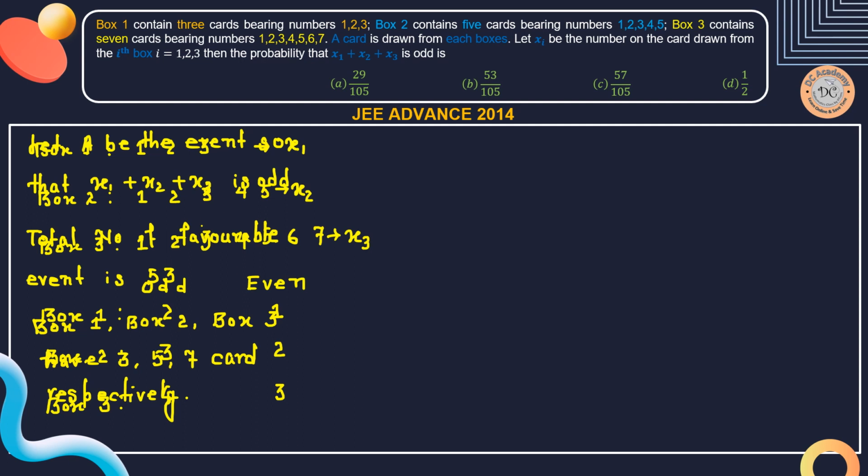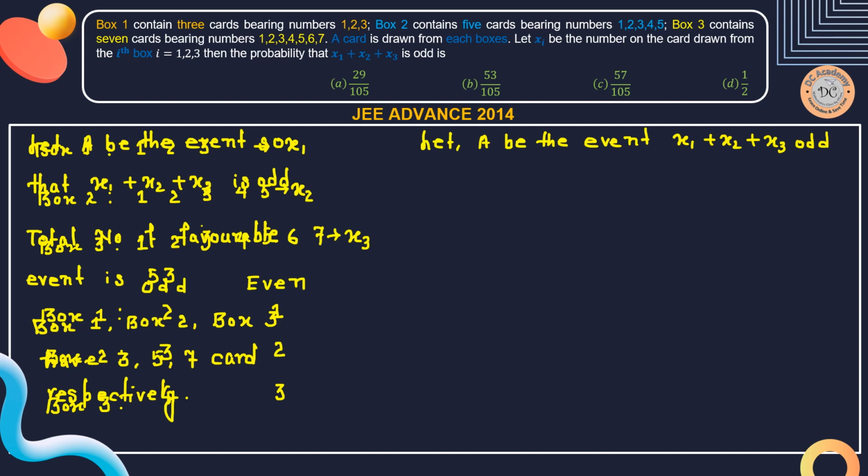Now here it says, let A be the event so that x1 + x2 + x3 must be odd. So what will be the cases?